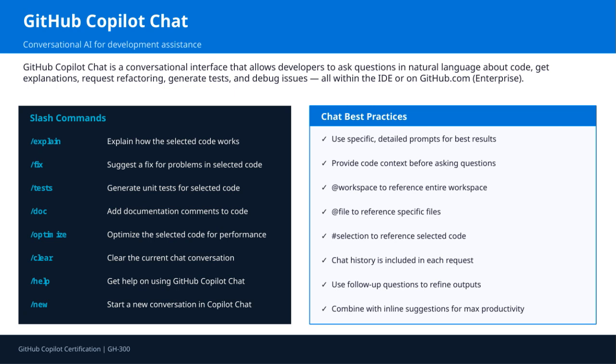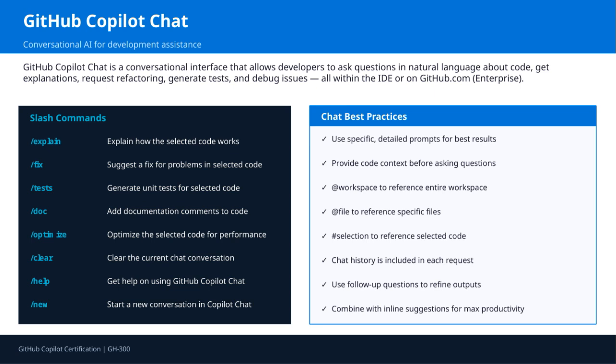For example, you can use /explain to get a clear understanding of how selected code works or /fix to suggest improvements for any issues detected. To generate unit tests for your code, just type /tests, while /doc helps add documentation comments automatically. If you want to optimize for better performance, /optimize is the command to use.